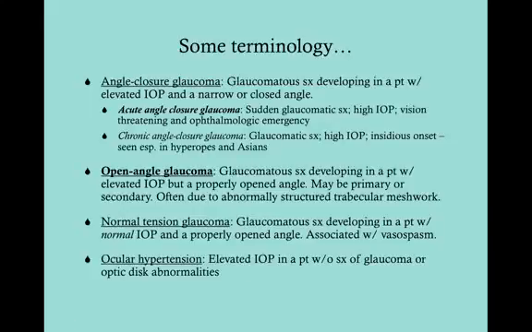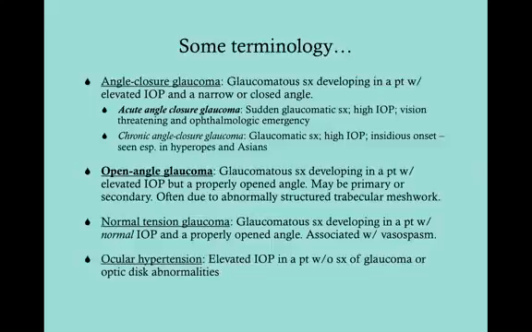So you would think that they wouldn't develop glaucoma, but they do. And this tends to be associated with vasospasm. So we'll talk more about this, but this has a correlation with other things that are associated with vasospasm, like migraines.